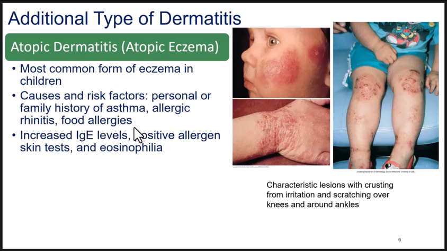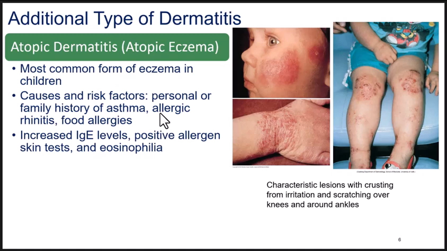For example, dairy can cause atopic dermatitis in children, and simply removing dairy, although not that simple of a task, because who doesn't love dairy, especially kids, can clear this up. So food allergies should also be considered.